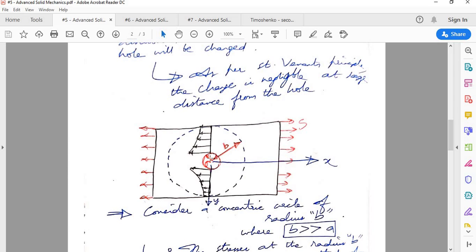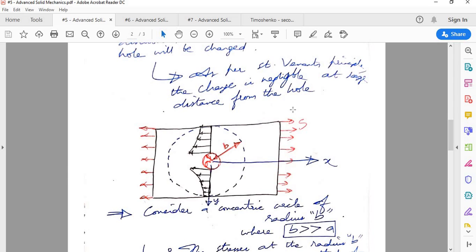Stress concentration will be there, but what he is saying is that at distances very large from the hole, the effect of the hole will vanish, or in other words, the stresses at distances very large from the hole will be fairly uniform and will not have the effect of plate with hole.